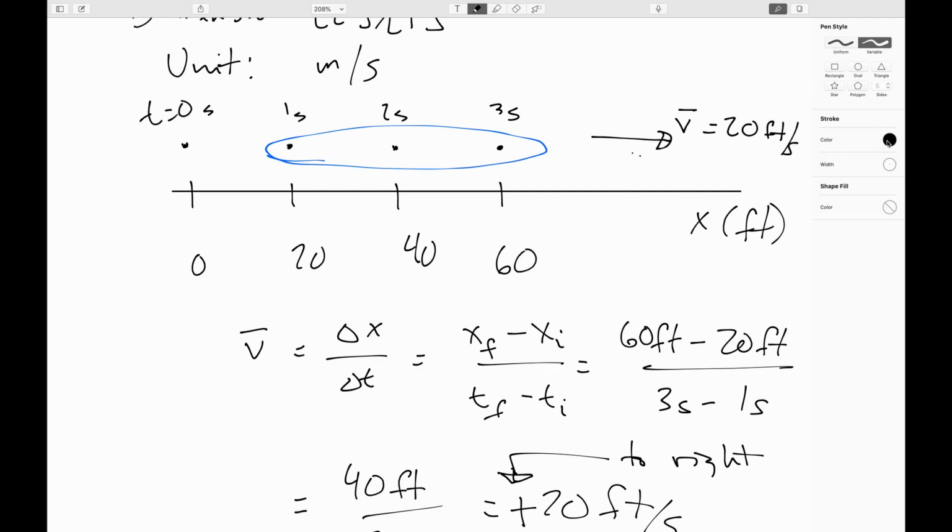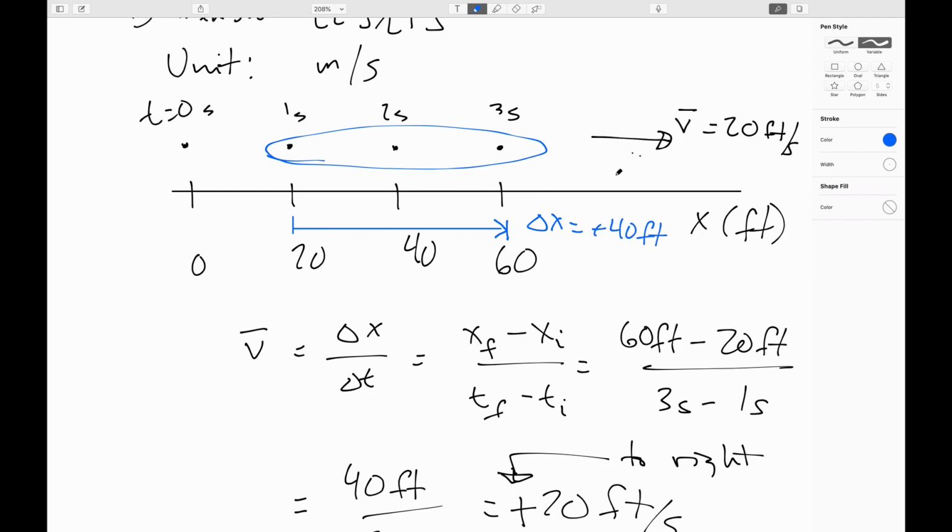This will always point in the same direction as the displacement vector. Let me draw the displacement with a different kind of arrow just to make it more obvious I'm talking about something different. Here, delta x would be 60 minus 20, which is plus 40 feet.